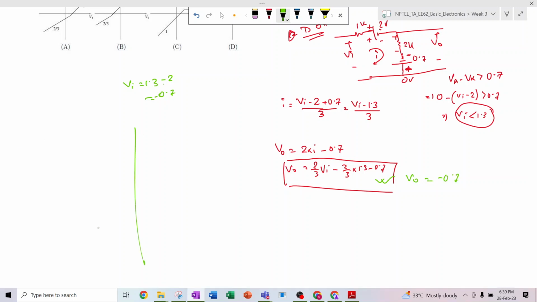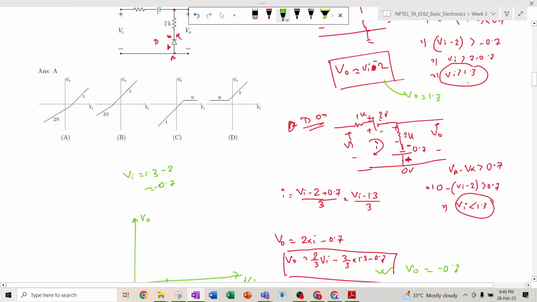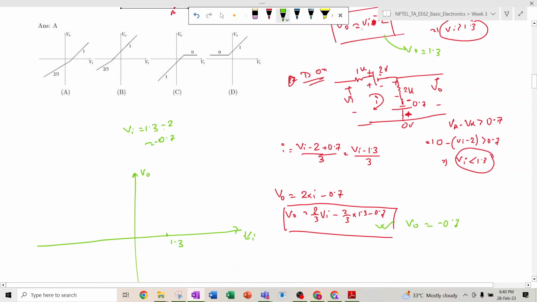So if we plot the graph, this is VO, this is Vi, and the transition happens at 1.3. Whenever Vi is greater than 1.3, VO is equal to Vi minus 2. At 1.3 the value of VO is minus 0.7 volt, right?